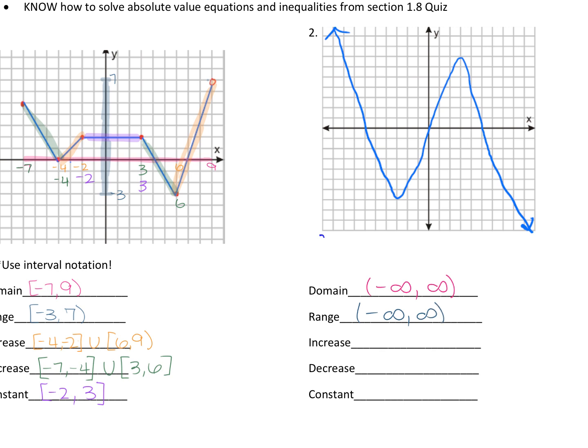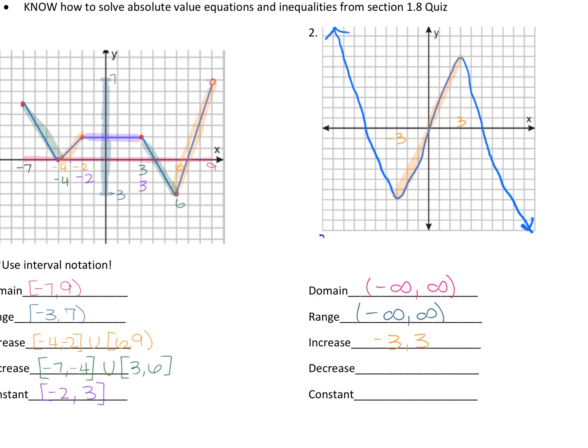For your increase, that's where the line goes up from left to right. So you're going up from left to right here, and we take those x values. So the x values, -3 to 3.